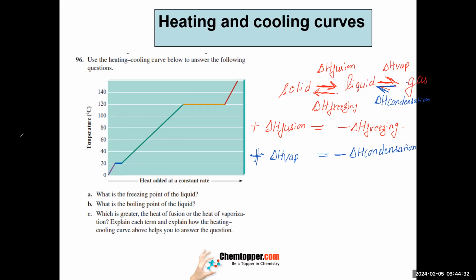Then we need to know one more process, and that process is solid to gas. What is it called? Sublimation. Yes, sublimation. Delta H of sublimation. Is it endo, exo? Is it heat needed or heat released?